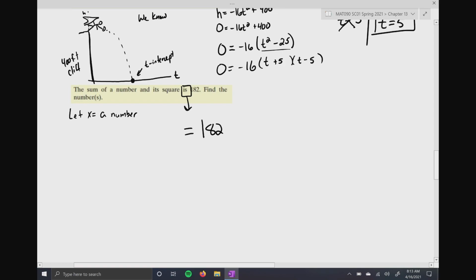That's only one of the terms, Abigail, but you're correct. So I'll write x squared. I want the sum of a number and its square. Can you help me out? You gave me this right here.